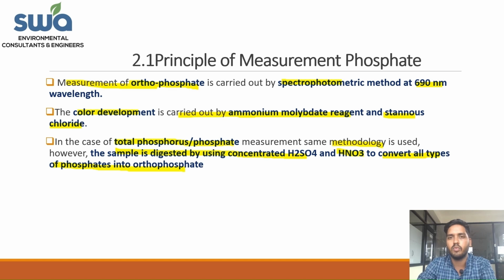All other types of phosphate get converted into orthophosphate with the help of this digestion, and with the same method, by adding ammonium molybdate reagent and stannous chloride, we can measure total phosphate and total phosphorus too. We will understand that further in the step-by-step procedure.